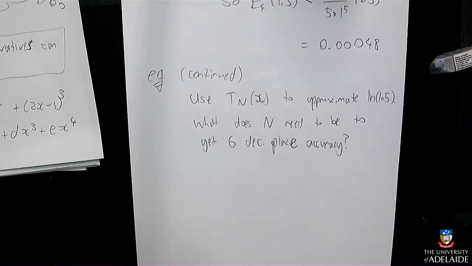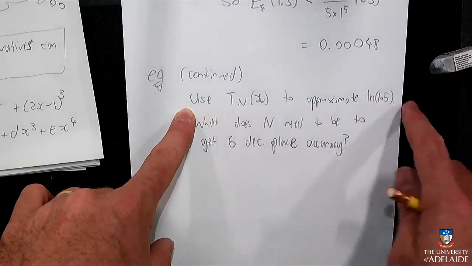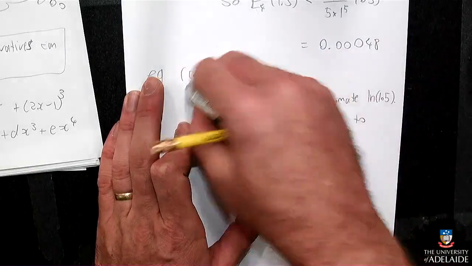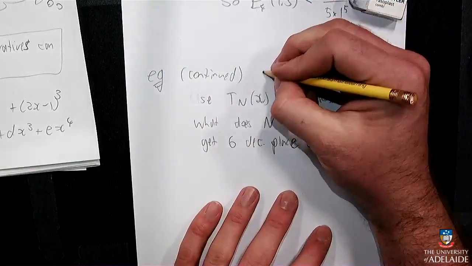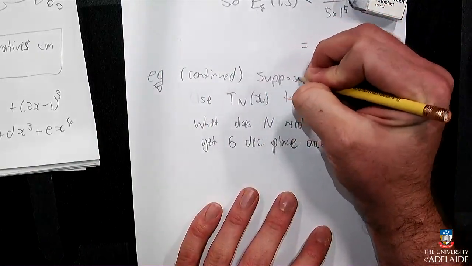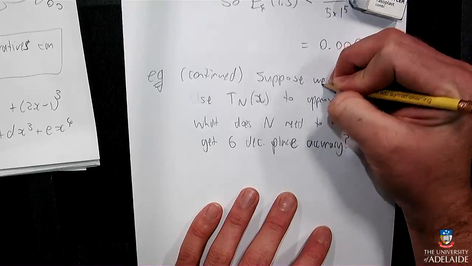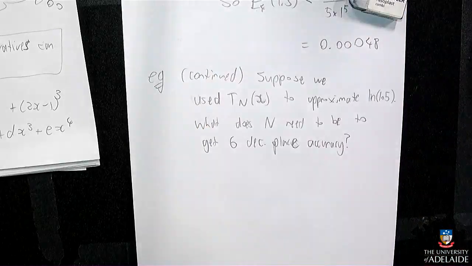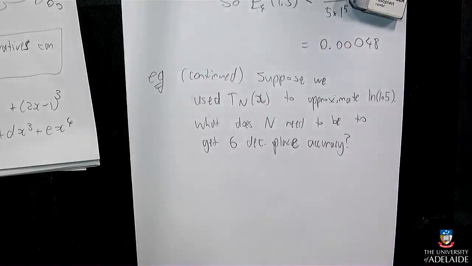I don't have to actually find the Taylor. So it does look like an instruction to use that to approximate that, so I'm just going to change it. Suppose we used that to approximate that, and then we technically don't have to calculate that at all. But if you had time in the exam, I'd do it just in case.